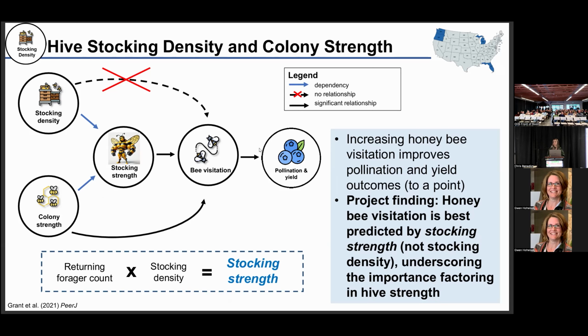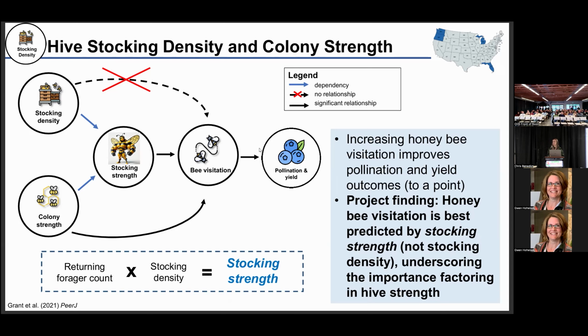So what we observed is that increasing honeybee visitation improves pollination and yield to a point. It kind of plateaus to a certain extent. So it's not a linear relationship. The more bees per flower doesn't always mean higher berry size and higher fruit set. It plateaus. But the key takeaway from this was that the honeybee visitation was best predicted, and the most significant relationship was when we factored in the colony strength.